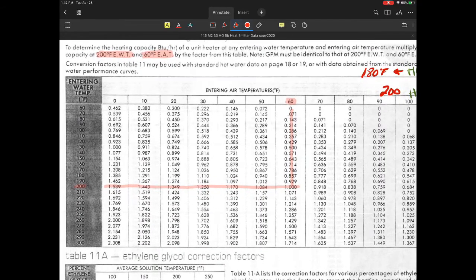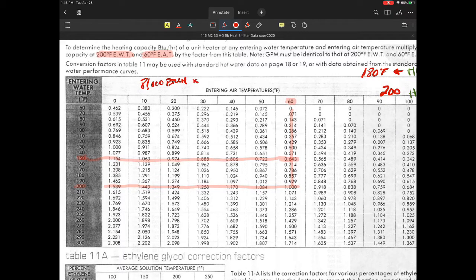And of course, if I were to apply these correction factors on that, and let's say that I wanted to only supply 150 degree water, and I'll slide all the way across here, and you'll notice that even if I kept the 60 degree air as entering, and I maintain that as my minimum space temp, I would have a factor of 0.643.